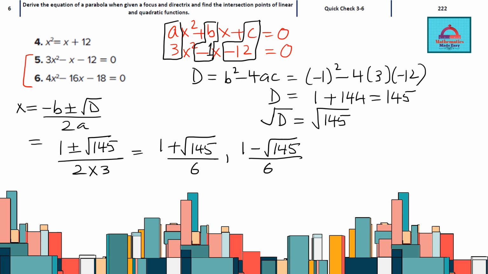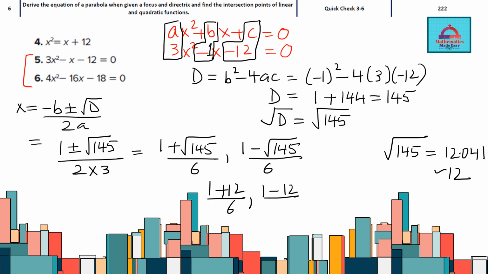The square root of 145 will come out to be, I will write here, 12.041. So you can round it off to 12 and use it. So 1 plus 12 by 6, 1 minus 12 by 6.